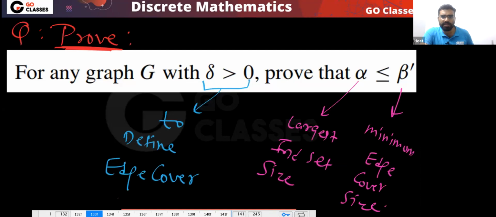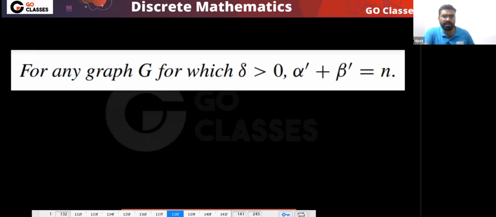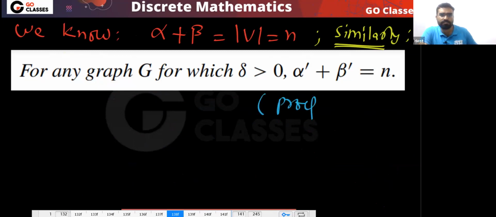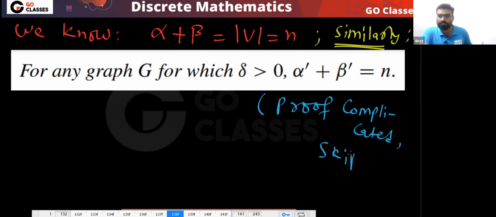So all these things we have already seen, very simple. If anyone has any doubt, this is what we have to learn by heart. I told you, the proof is complicated, so you can skip it. We already know that alpha plus beta is equal to the number of vertices, n.